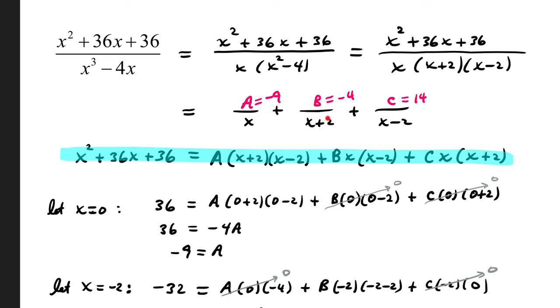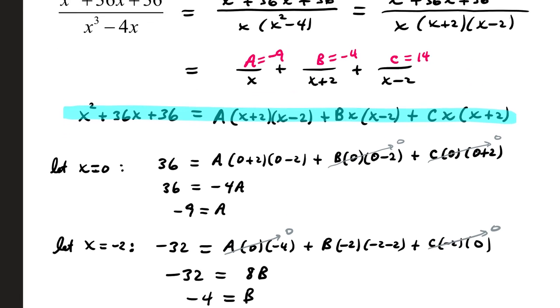The middle fraction, the x plus 2 will cancel out. So that's b times x minus 2. And then finally, the third fraction, if you cancel out an x minus 2, it just leaves x times x plus 2. C times x plus 2.